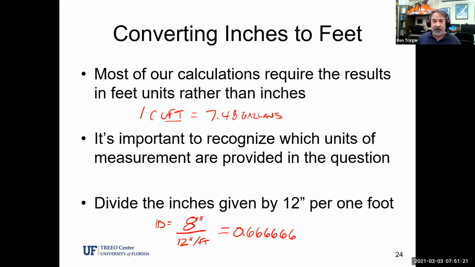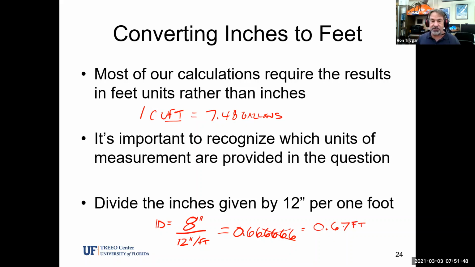So how far out should we go with this? And what about all these sixes, and how do we round that? For purposes of most of the math we're going to do here, we're going to go out to the second number after the decimal to the right, and we'll just drop off the other numbers. So this would be rounded to 0.67 as the feet units that we're going to use for a calculation.